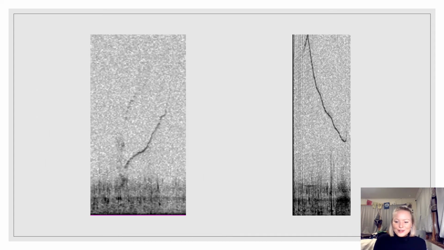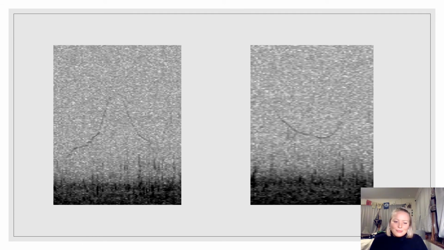So just very briefly, these are examples of the sound files that I analyzed. This is an example of an upsweep contour on the left here, at least it's my left. And then on the right is a downsweep, so it's just heading downwards.